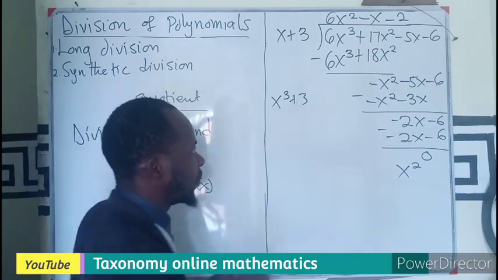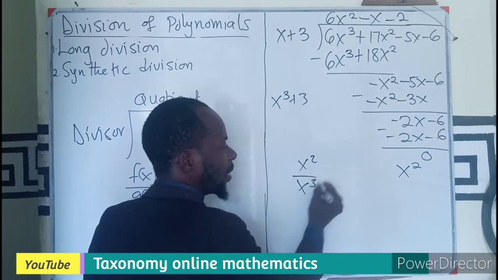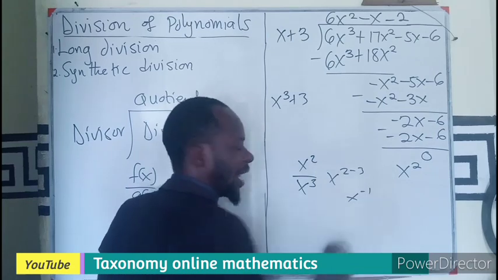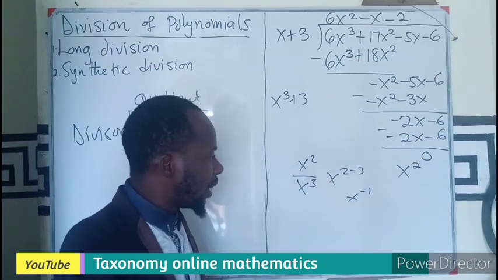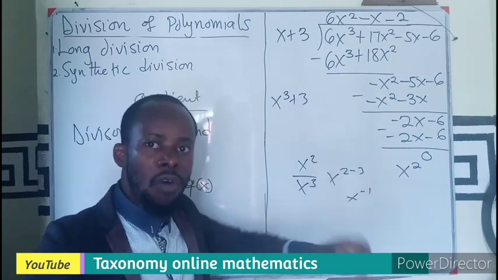Don't forget, if you subtract, it will be x squared over x to the power 3, meaning x to the power 2 minus 3, x is going to be minus what? Negative 1, which defeats the polynomial rule. The exponent must always be positive, not negative nor fraction.